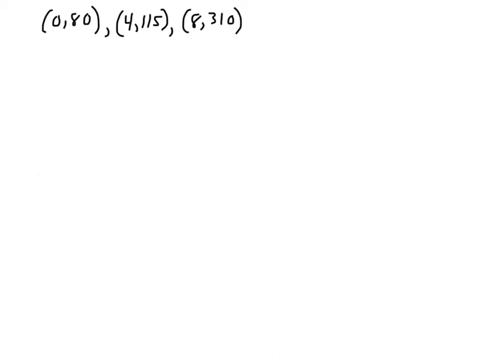Okay, so I'm going to give myself some clear space because this will take a little work to find this quadratic model. So I've written down the 3 ordered pairs at the top here that I'm going to base it off of. And we are looking for an equation that's of the form y equals ax squared plus bx plus c.